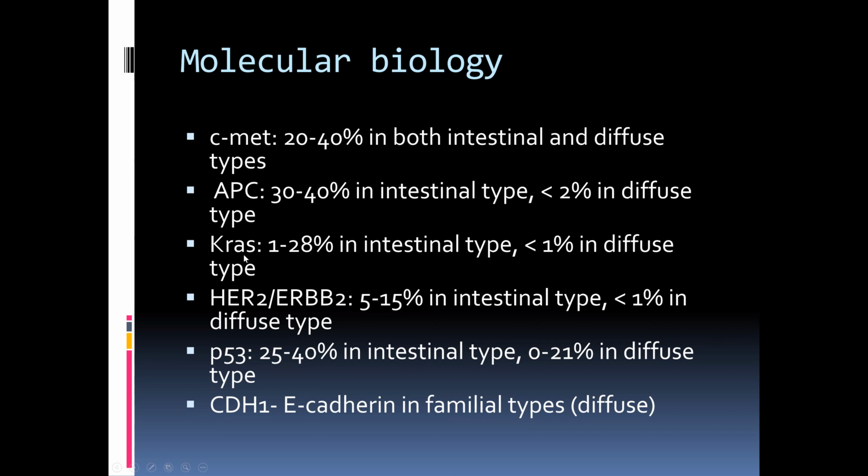KRAS, also an important mediator in many of these tumors, and HER2, not very commonly in the diffuse type, but up to 15% of the other types. And of course, that's the reason why we routinely do HER2 testing on gastric carcinoma biopsies. P53 is also commonly mutated in these tubular intestinal types and less commonly in the diffuse type. And I've mentioned already CDH1 in our previous discussion.